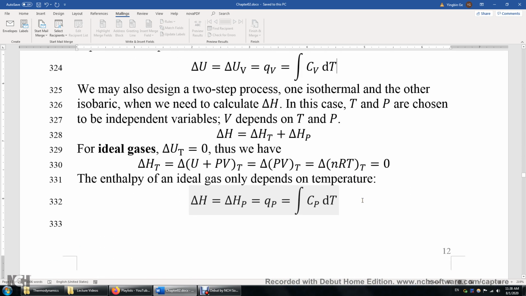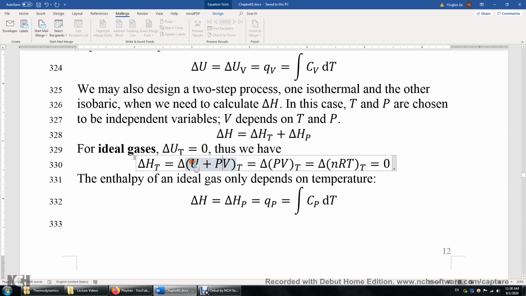How do we compute the change of enthalpy? Well, again, we design a two-step process. The first isothermal, the second isobaric. For an ideal gas, we learned that the internal energy change is zero in an isothermal process. Well, delta H in an isothermal process is also zero because H is U plus PV.